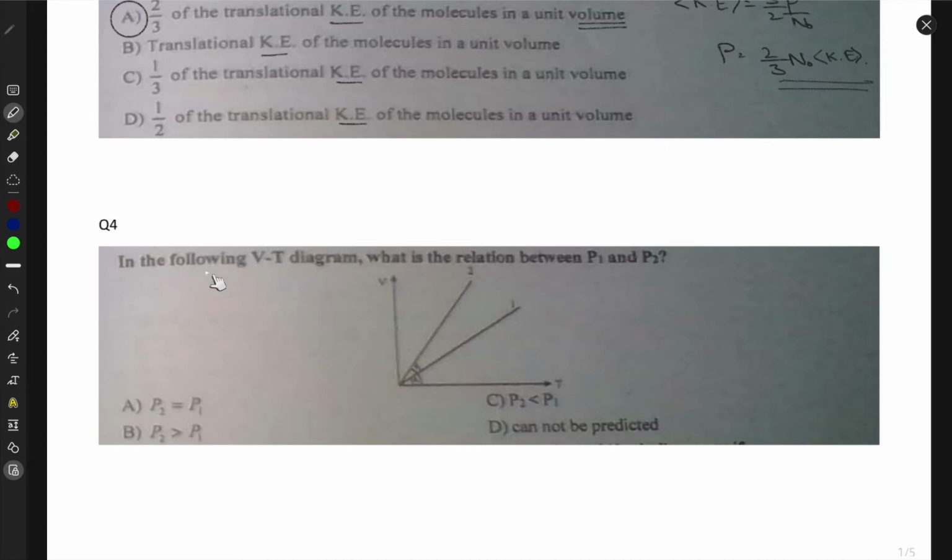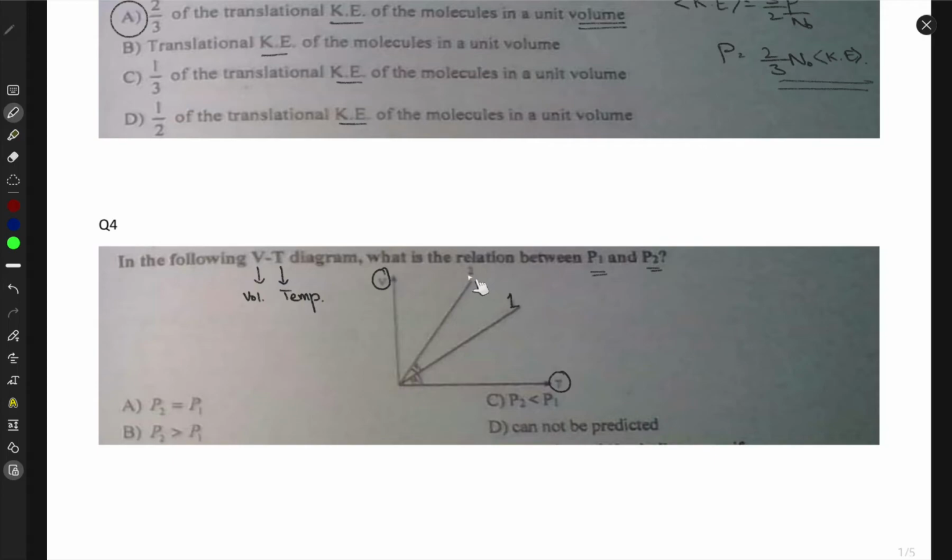Question number 4. In the following VT diagram, where V stands for volume and T stands for temperature, what is the relation between P1 and P2? You see that we have V on this axis and T on this axis, and we have two lines.